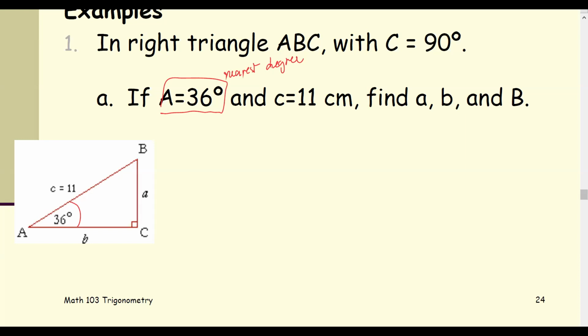Therefore, the sides will have the accuracy of 2 significant digits. So the answers for A and B will be 2 significant digits, and angle B will be to the nearest degree.